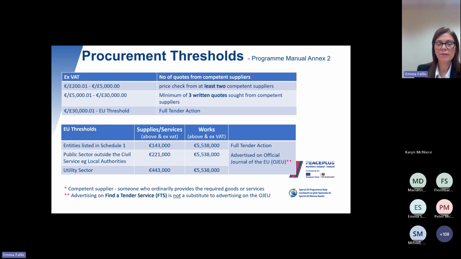What I would say is that if you know that there are a lot of suppliers in the market, do not restrict yourself to only asking 3 people to quote for your piece of work. You want to make sure that you're achieving best value for money, and also that you get a return that you can assess and demonstrate that you've obtained value for money.